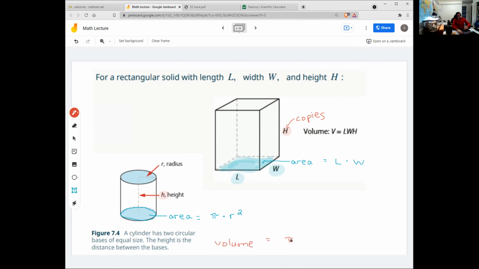So I take the area of the bottom and then multiply it by the height as a final step. So that way I can think about these two as the same process, even though the formulas are different.